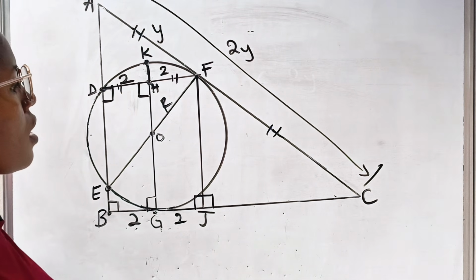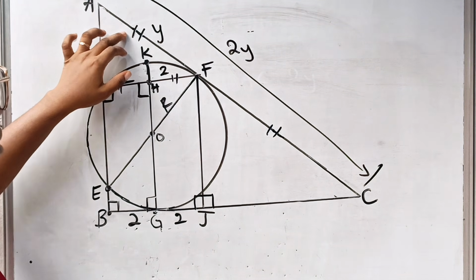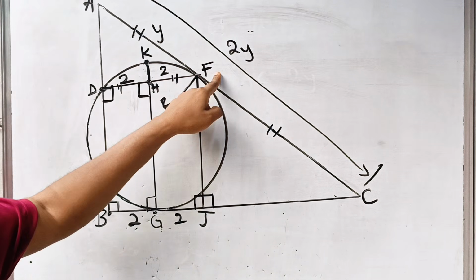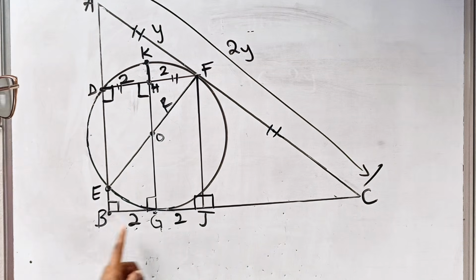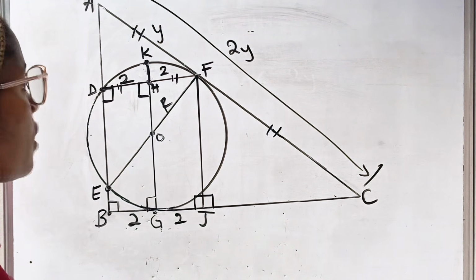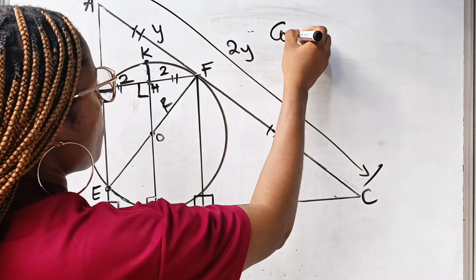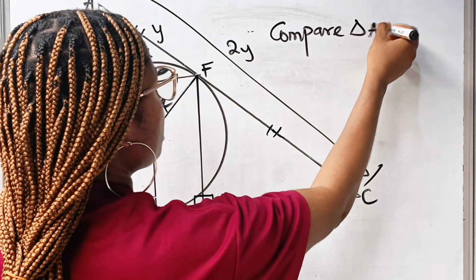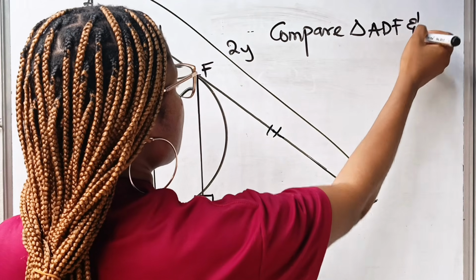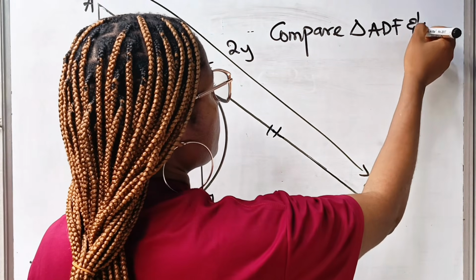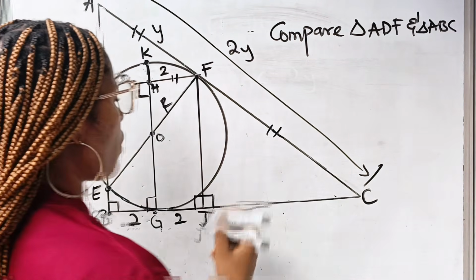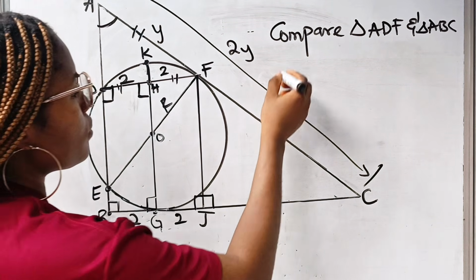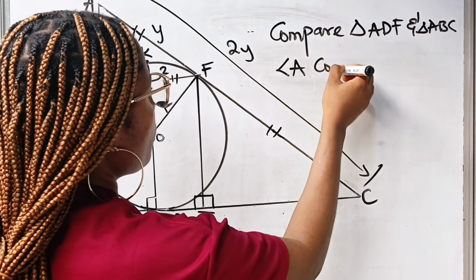Okay. Now, we have ADF as a triangle, and we have ABC as another triangle. Let's compare triangle ADF and triangle ABC. You notice that they share angle A. Angle A is common.